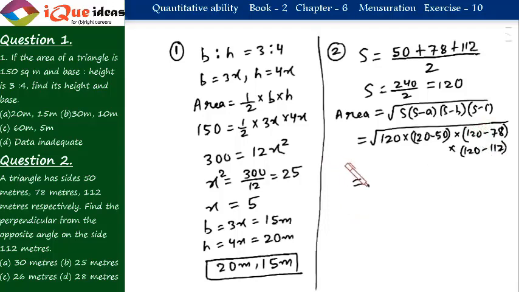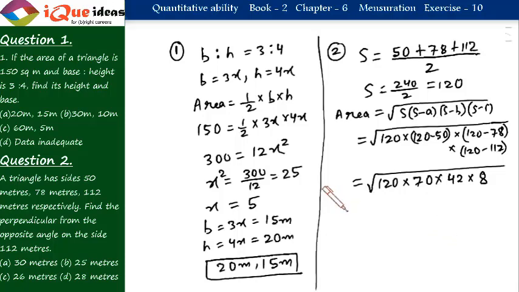So this becomes square root of 120 into 70, into 42, into 8. Now instead of multiplying, factorize so that it becomes a perfect square.